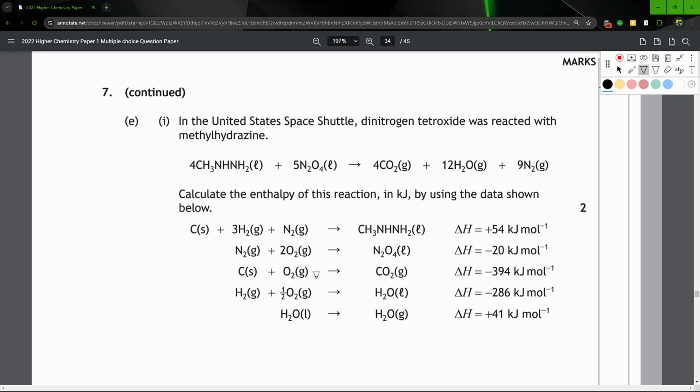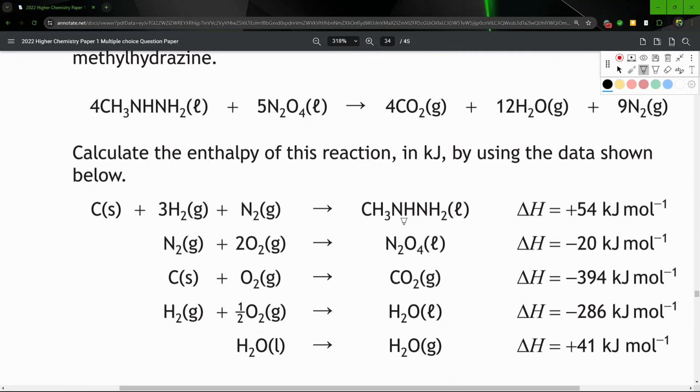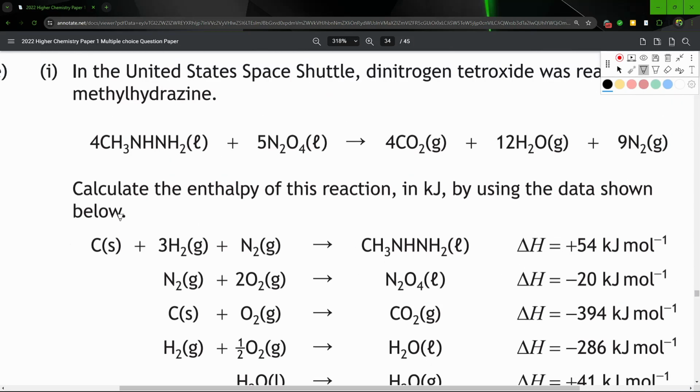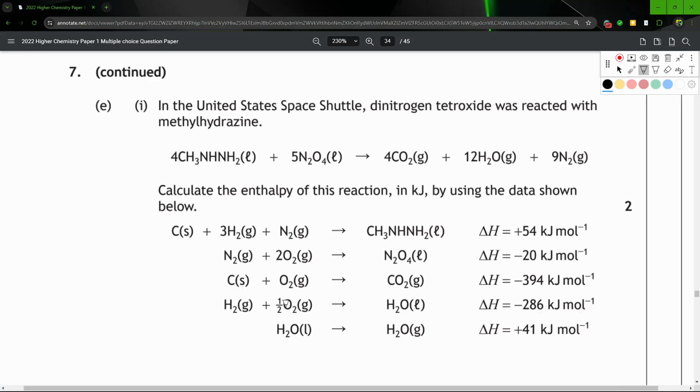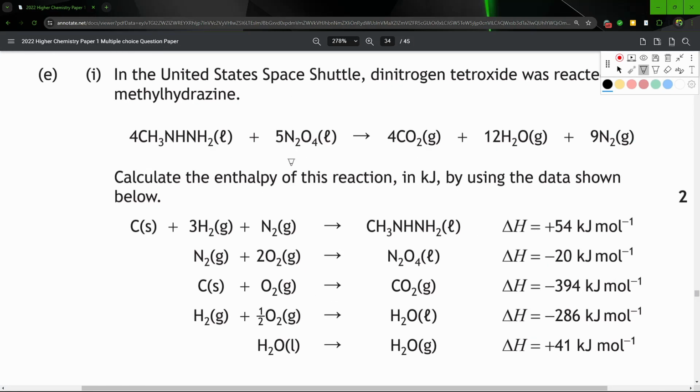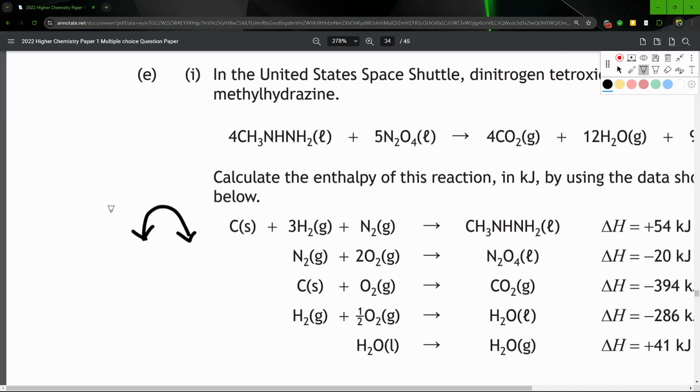So first things first, like always, we're going to go through here and see if all the reactants are on the correct side. So for this one, this chemical here, I think it's methyl hydrazine, I'm going to move this onto the other side. So that means we need to flip this. But also notice that this means it's also 4, so we also need to times it by 4.